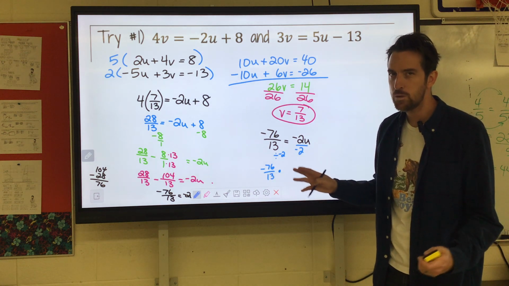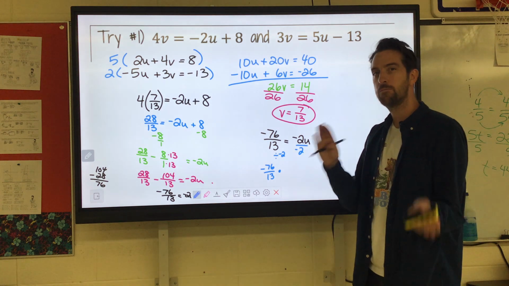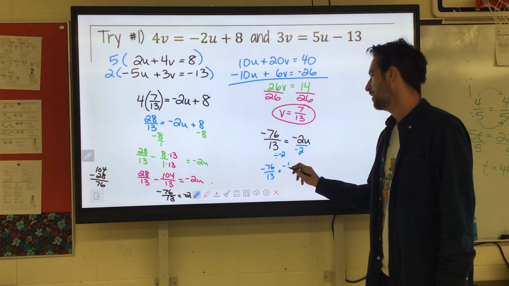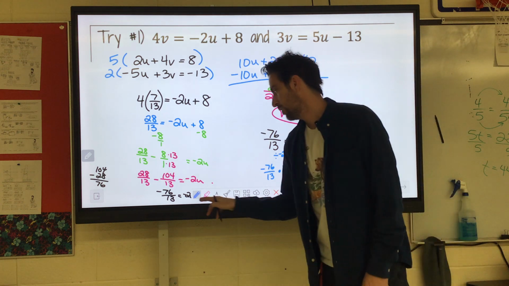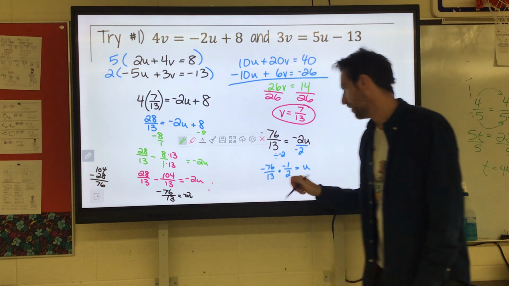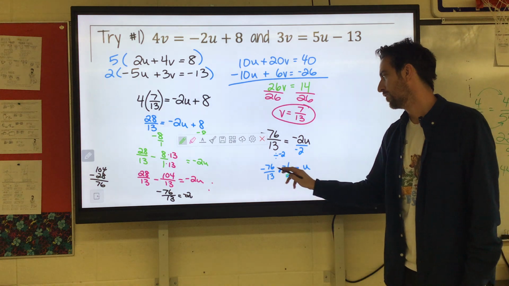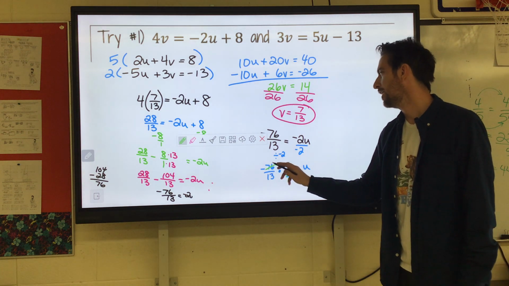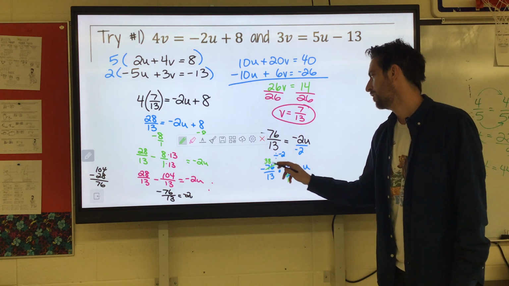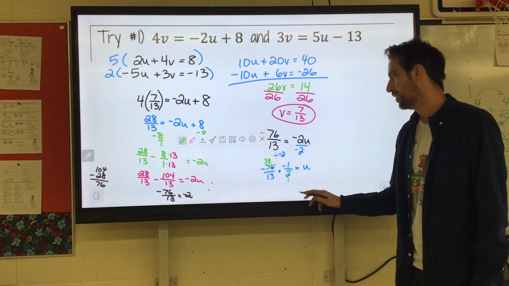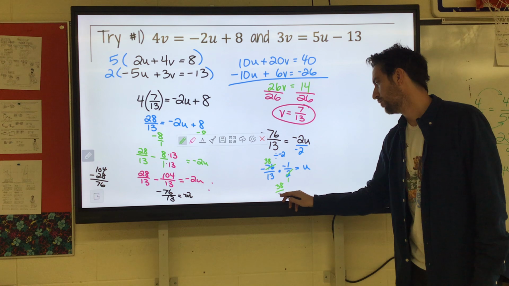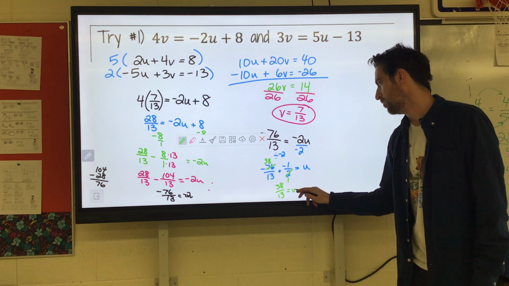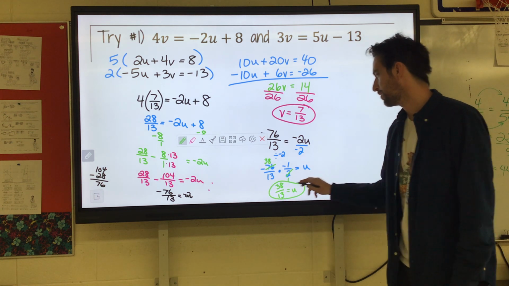Now negative 2 is negative 2 over 1, but if we flip it upside down, it'd be times negative 1/2. If we simplify, 2 goes into 76 38 times. So we have negative 38 times negative 1, that's positive 38 over 13 equals u. Now that was ridiculous.